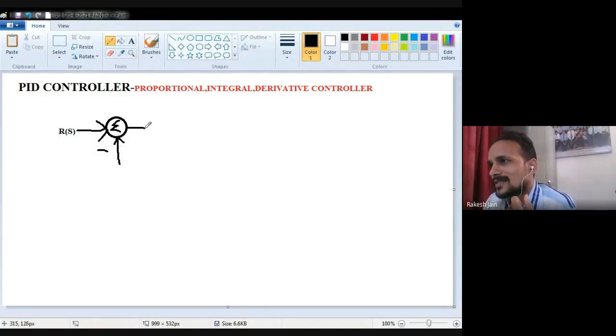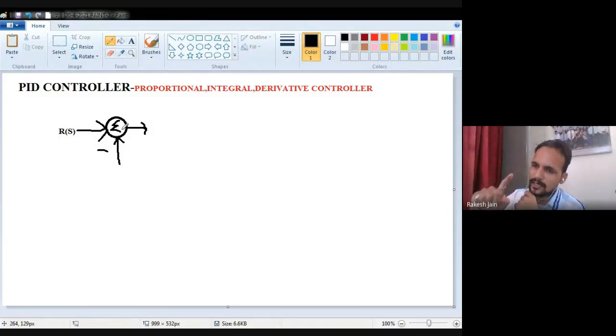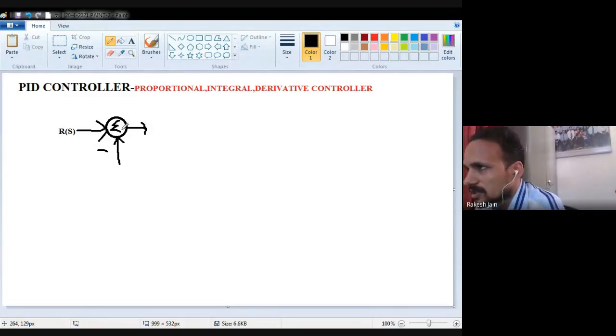Then the second one is the controller. Because the proportional word is there, the integral word is there, and the derivative word is there, all the three sections will be here. So it will actually be the addition of all of these.